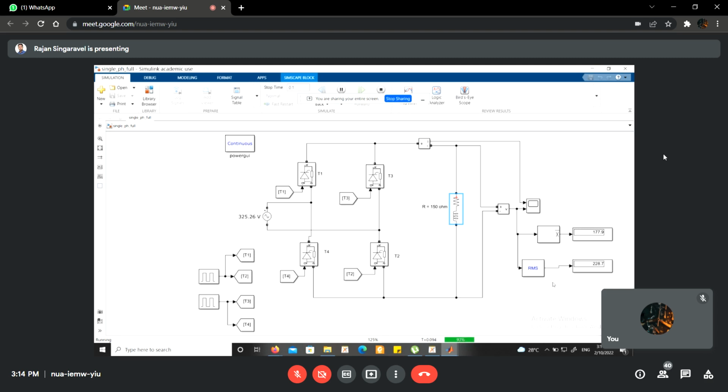In that case, the current will still be positive in the load terminal, and T1 and T2 will be in on condition. But at omega t is equal to pi plus alpha, which means 180 plus 30 degree, at 210 degree, we will be firing the thyristors T3 and T4, where T1 and T2 are still conducting.